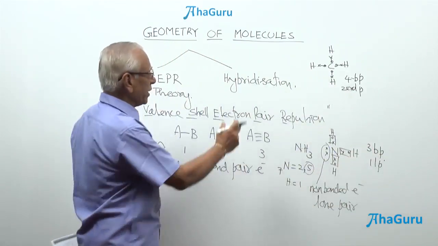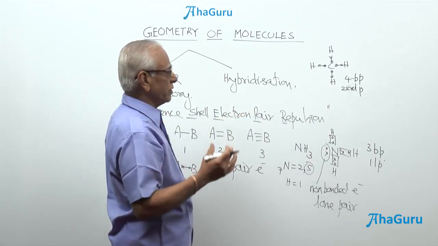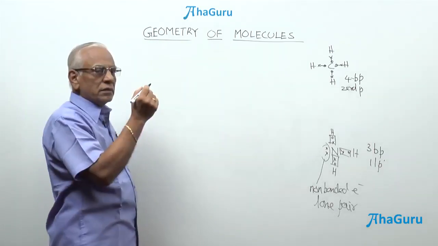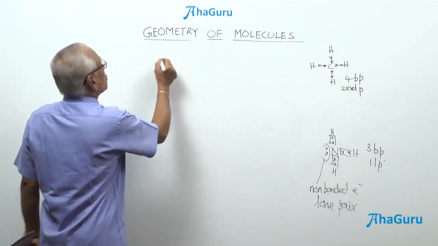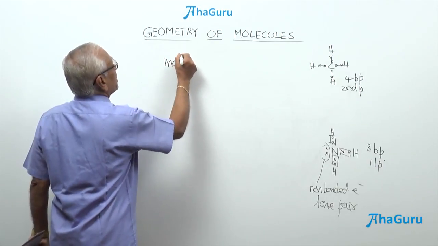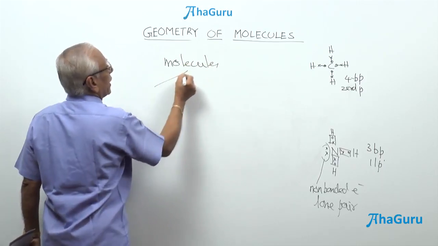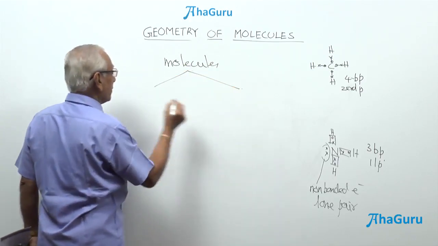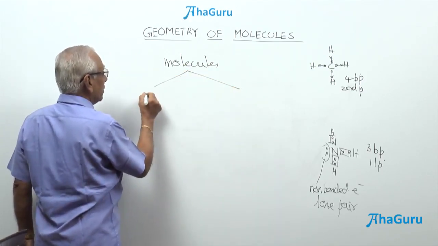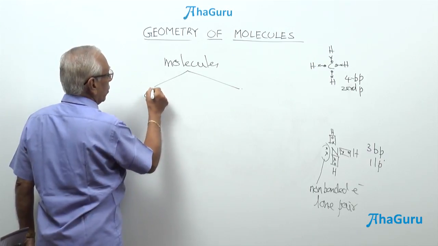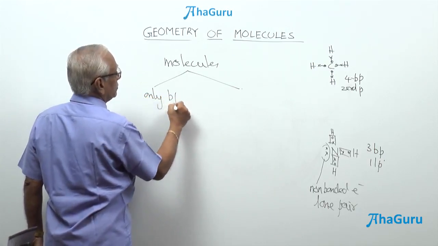So, students, based on this explanation, molecules can be classified under two headings. One, having only bond pairs.